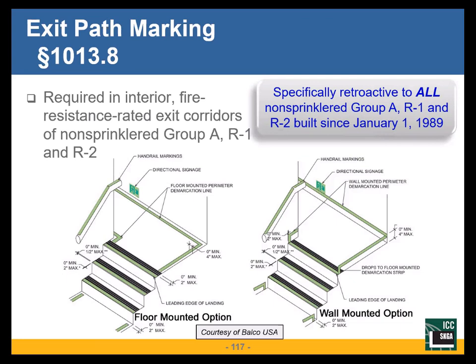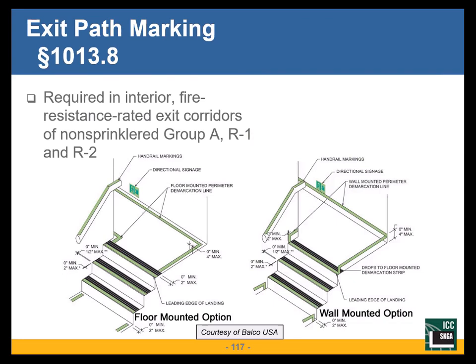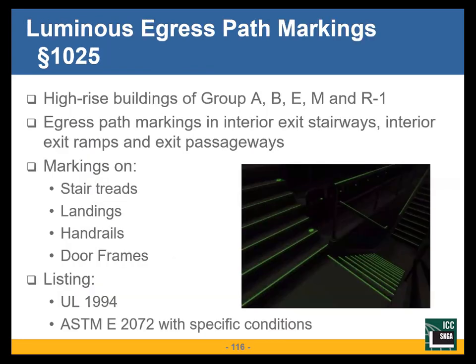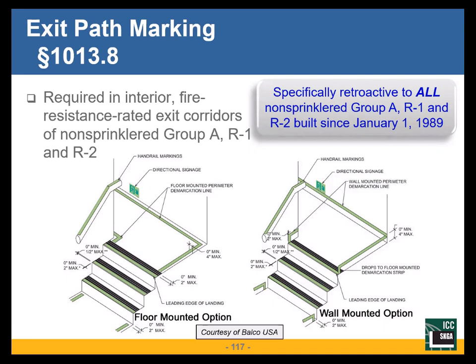Exit path marking, not in the stairway now. This requirement is in the stairway. Now I'm in the corridor leading to the stairway. It's required if I have an interior fire-rated corridor and it's non-sprinklered and it's a group A, R1, or R2.